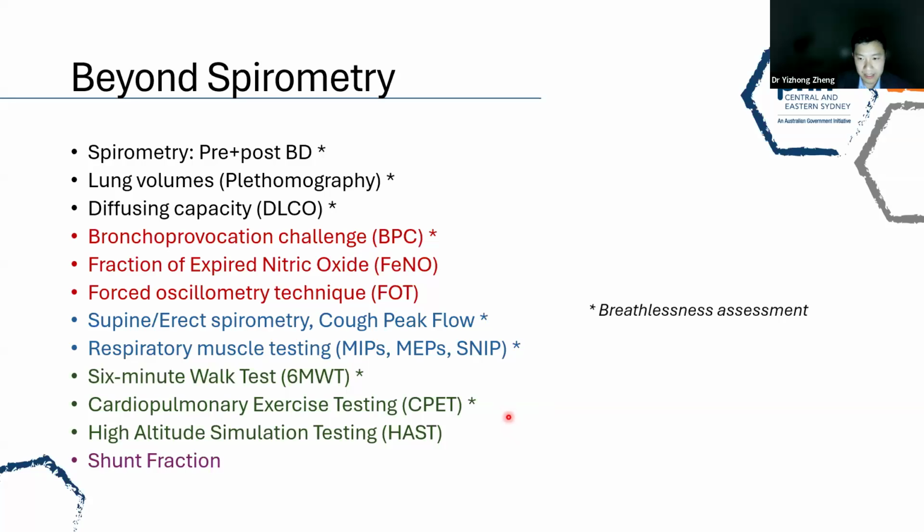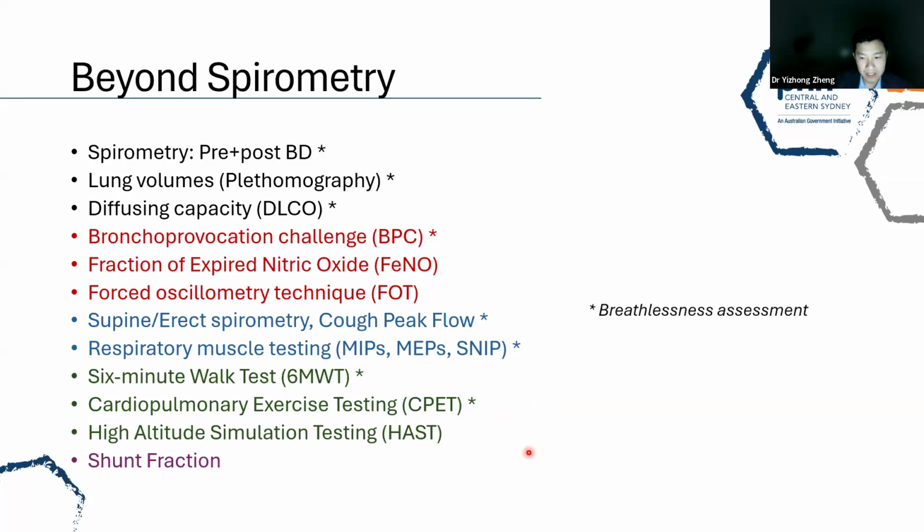Cardiopulmonary exercise testing is sort of the fallback option if all the other cardiopulmonary assessments are normal for breathlessness, and may pick up early subtle pathophysiology and determine the rate limiting system. So is it cardiovascular, is it pulmonary vascular, is it a neuromuscular pathology, or is it psychological or supratentorial?